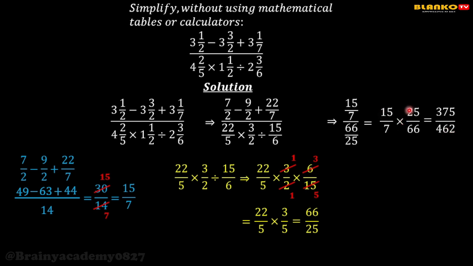That is, 15 multiplied by 25 is 375, and 7 multiplied by 66 is 462. Then 3 cancels 462 to be 154, and 3 cancels 375 to be 125. So our final answer is 125 over 154.